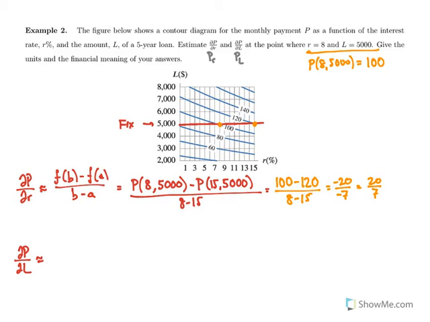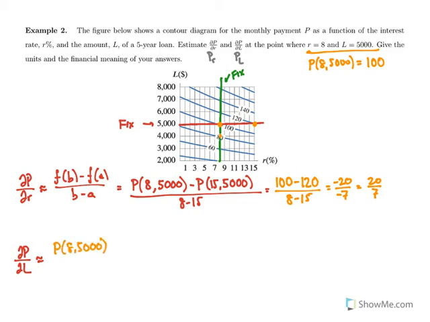So dP/dL, if we think about it in the opposite direction, now we're going to focus on fixing R equals 8. And we're going to think about everything lying on this line, and we need 2 points on that line. So let's use that point right there. So we have our 2 points. This is going to be estimated by P of 8, 5,000.